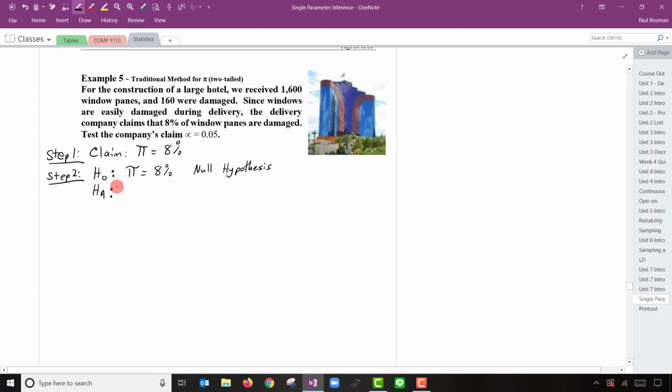It is only if the claim has some form of equality, as this one does. Then wherever this ends up landing, if it ends up in H0 or it ends up in HA, you just write the opposite in the other spot. In this case, the alternate hypothesis is that it's not 8%.